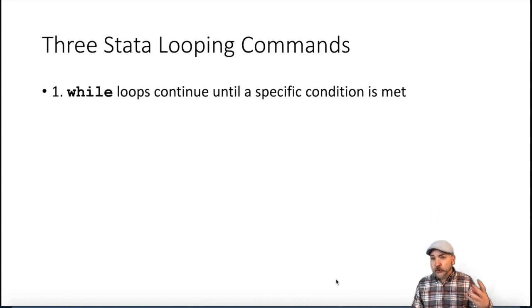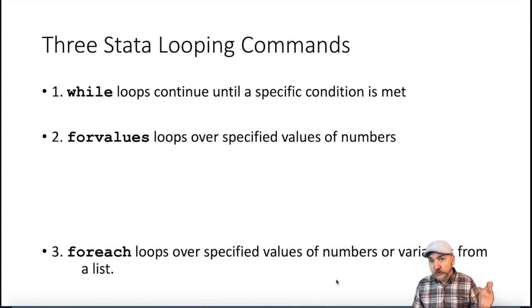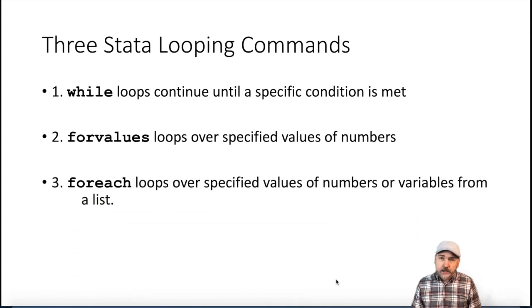There are three commands in Stata that are generally used to operate these loop scenarios. The first is the while command, the second the forvalues, and then the foreach command. As the name implies, the while loop will keep doing what it's doing until a certain condition is met.